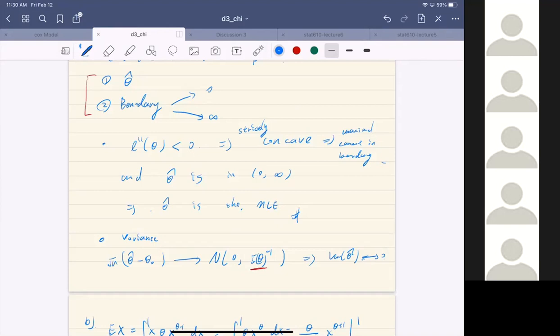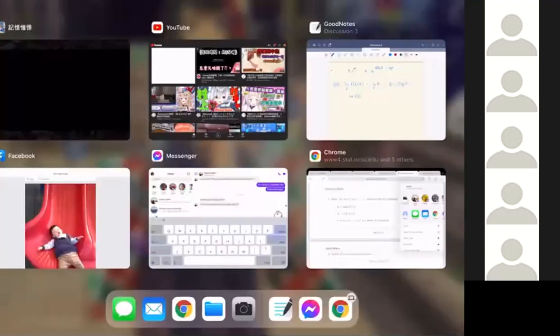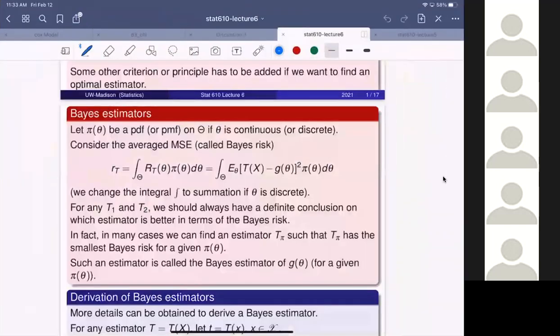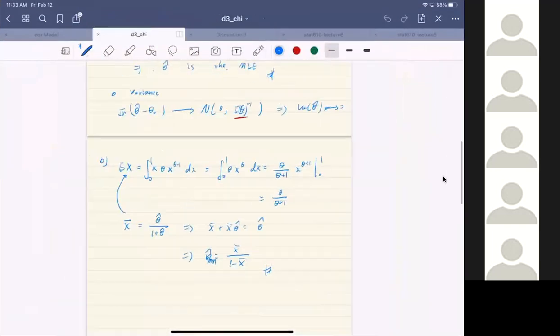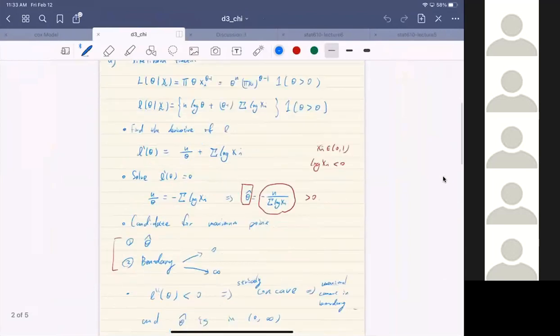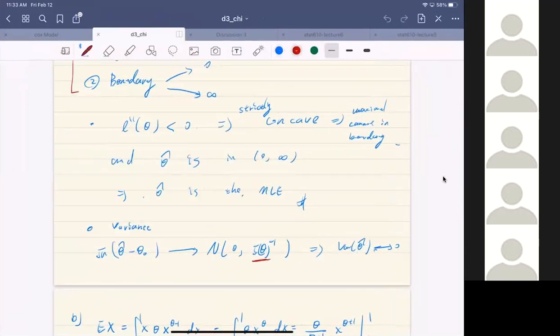Could you quickly please tell what the theta naught and the variance inside the normal distribution is? See, you all learn this theory.